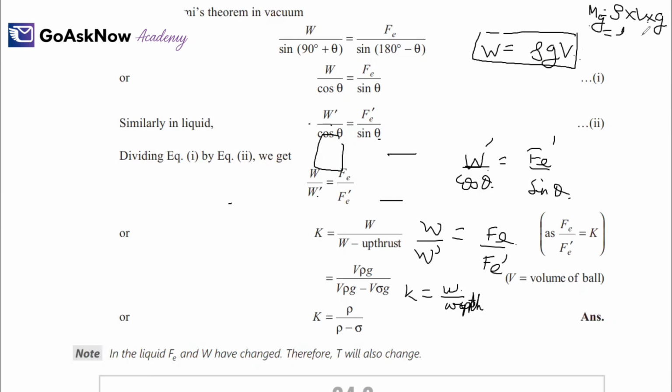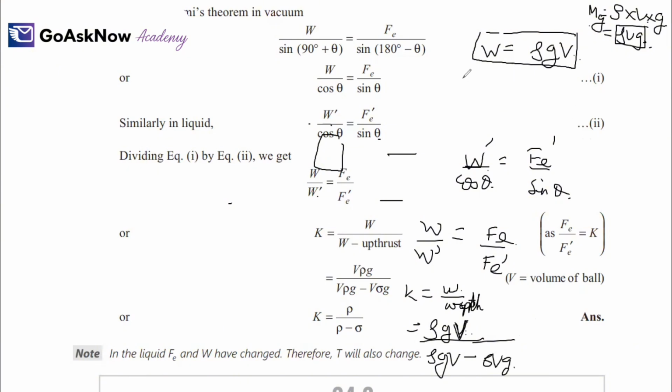So rho vg is your weight formula. So here you can substitute W is equal to rho gv. This is the volume of your ball. And here you can substitute rho gv again, because W is there again here. And here you will substitute sigma vg, because there you have the buoyancy force.